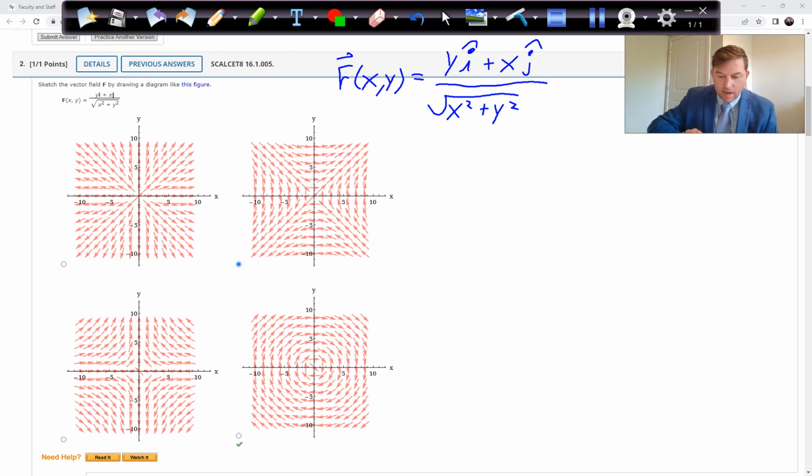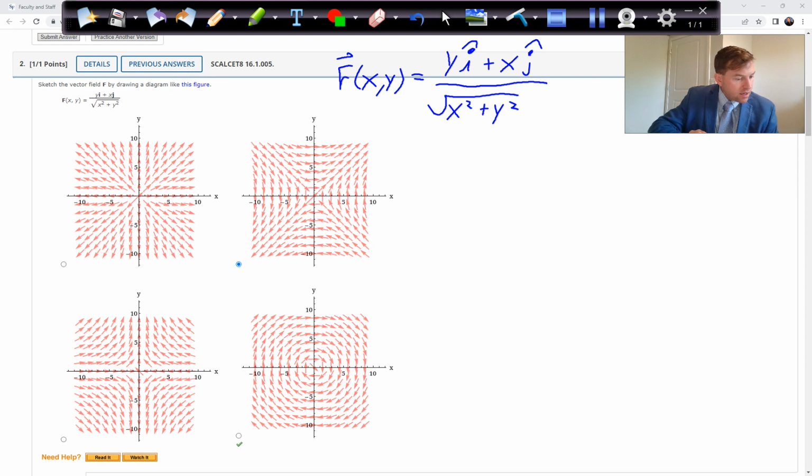Now they're not asking for the gradient vector, so all we have to do is plug in x and y values. I like to pick simple numbers, so I believe I picked 1s.